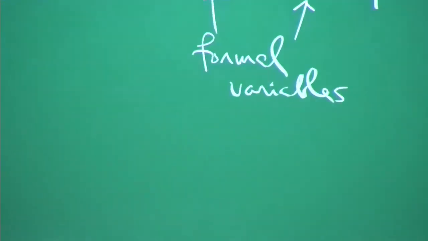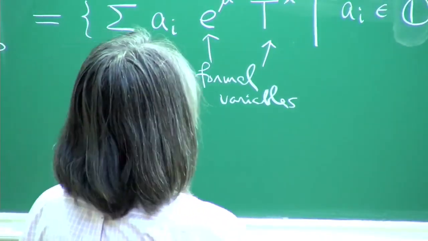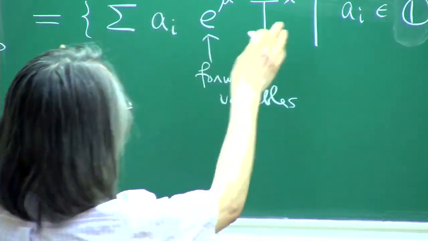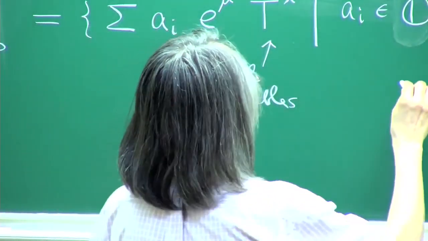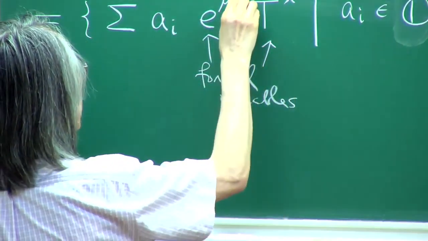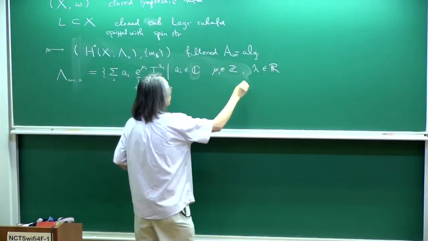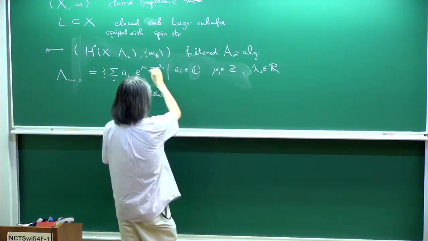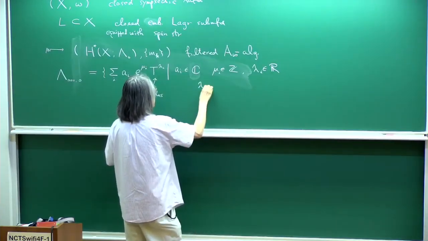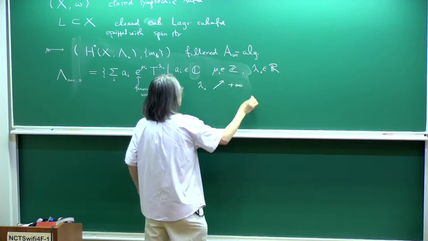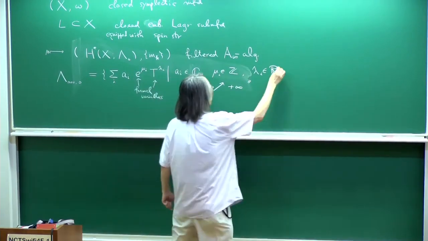And I assume that if there are infinitely many terms, then lambda_i diverges to plus infinity.